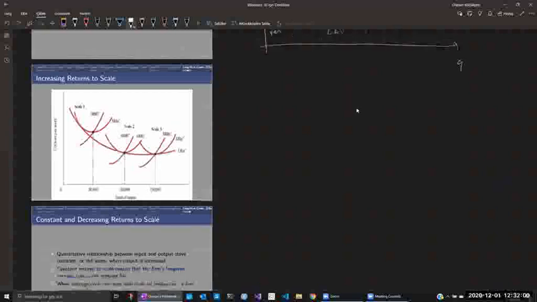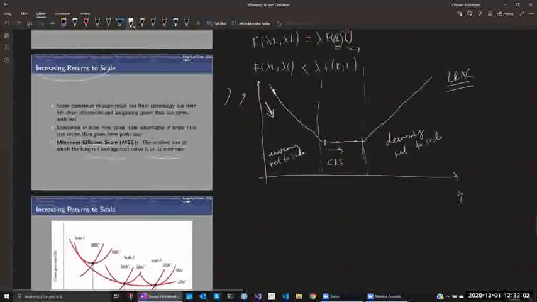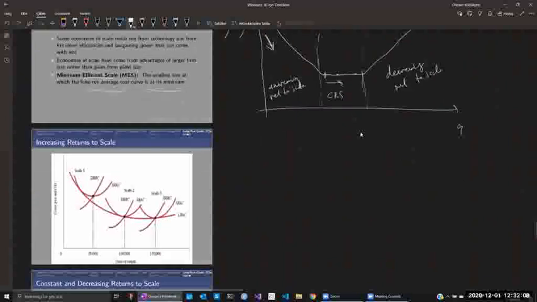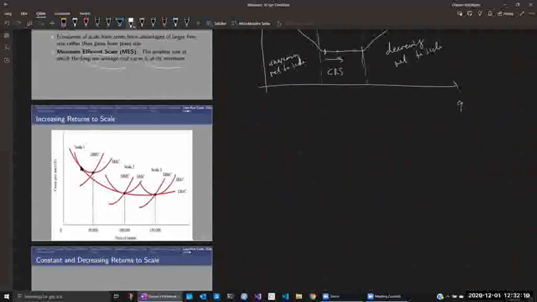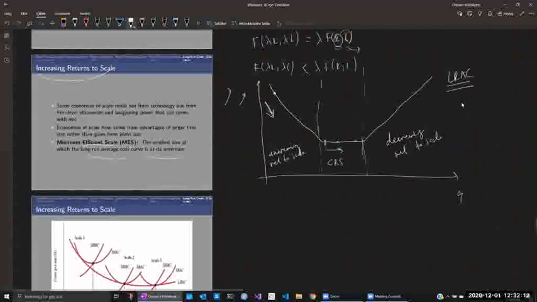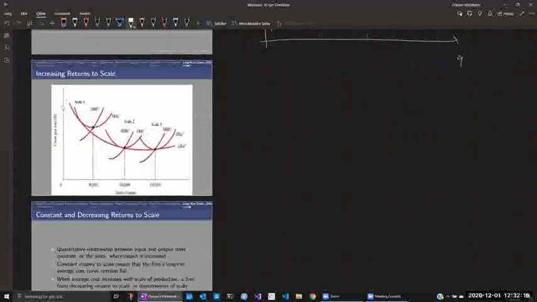So this long run average curve is a collection of these infinitely many short run curves, and so this curve is also called the envelope curve from time to time, and the reason is that it is actually tangent to all these points of short run average cost curves, and it collects all these tangent points and draws the long run average cost curve.